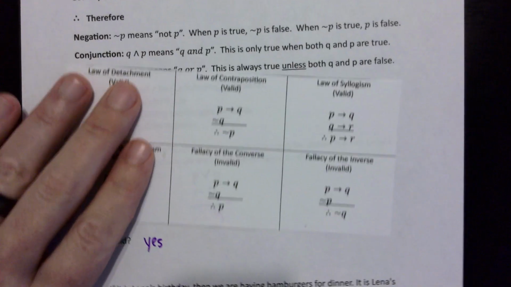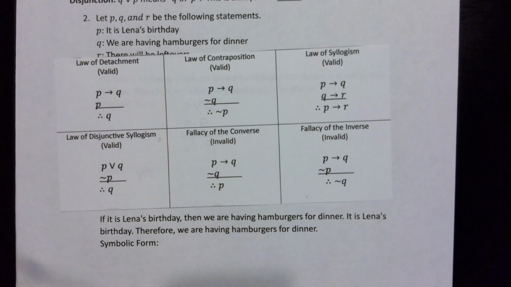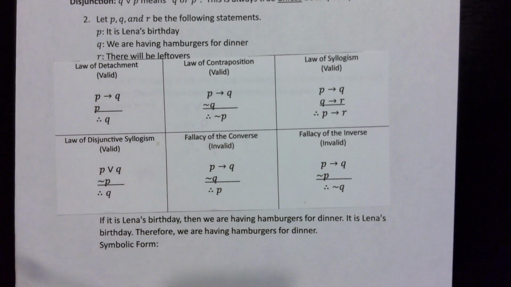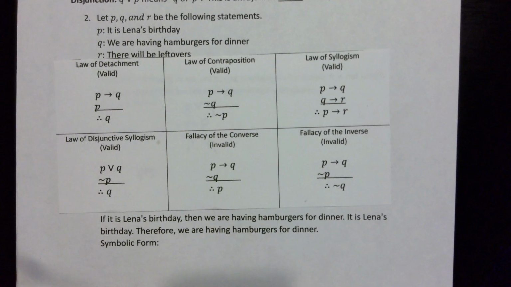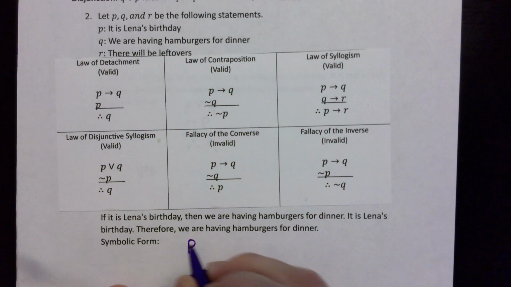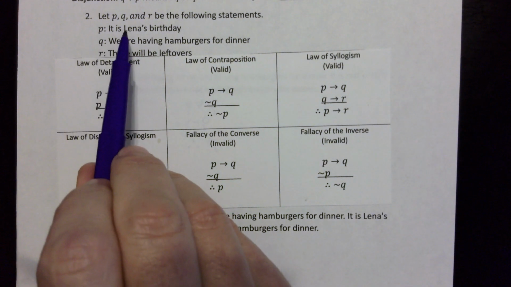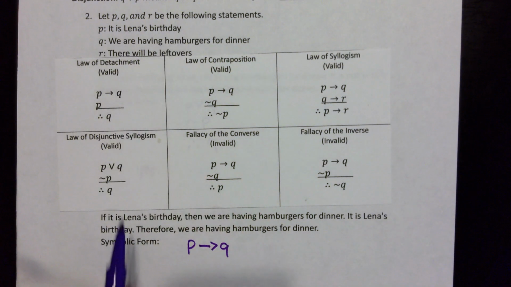Okay, let's do one more on this problem here. If it is Lena's birthday, then we are having hamburgers for dinner. So if P, then Q. P was Lena's birthday, Q was having hamburgers for dinner.